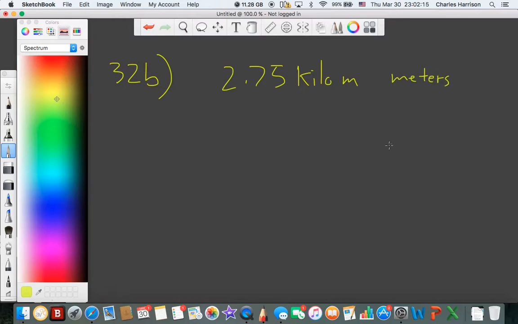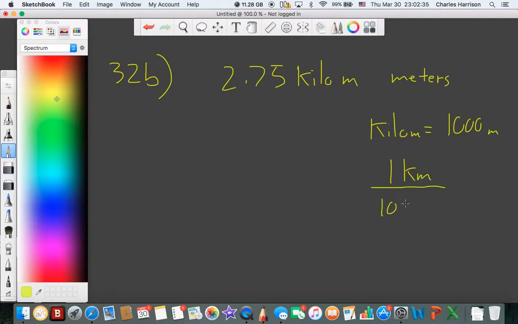We need to understand that in 1 kilometer, that equals 1,000 meters. Okay, so we could rewrite that as 1 kilometer over 1,000 meters.